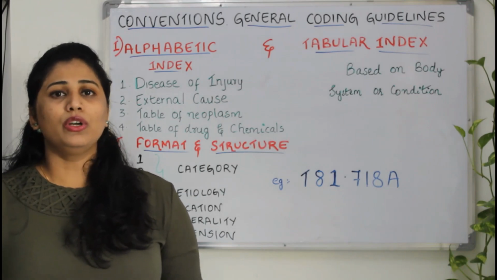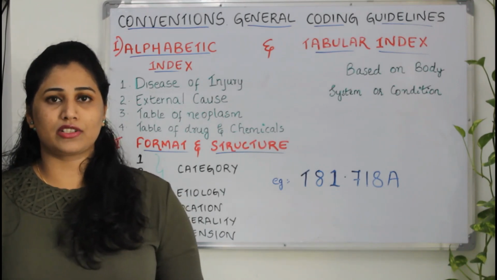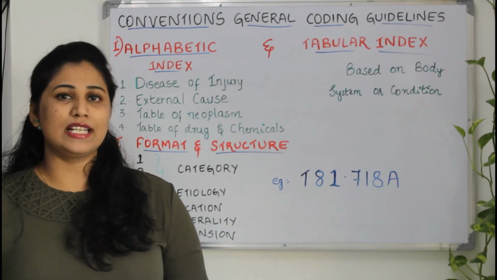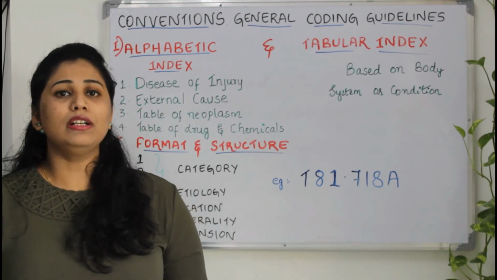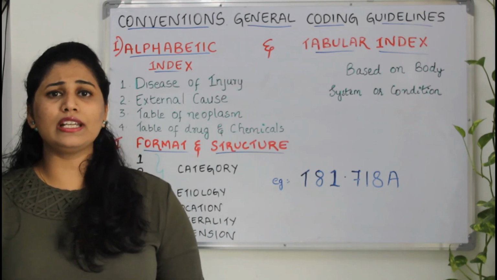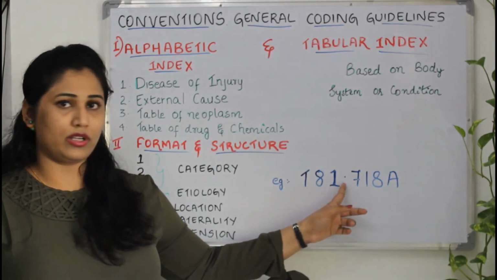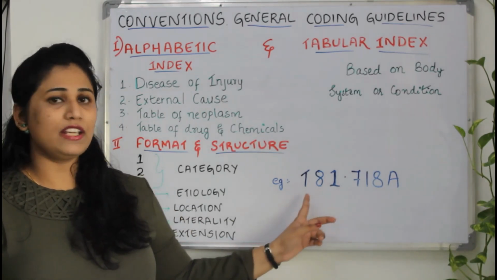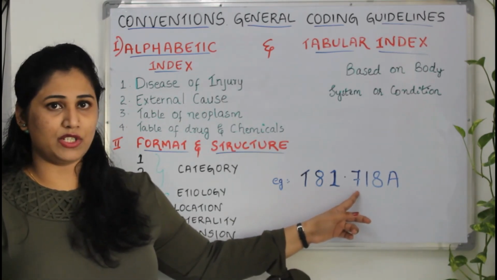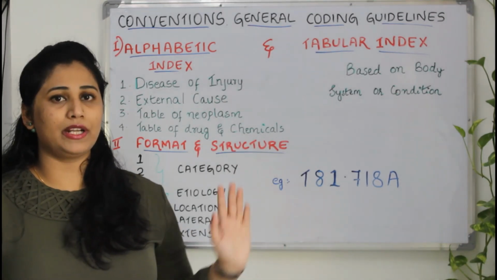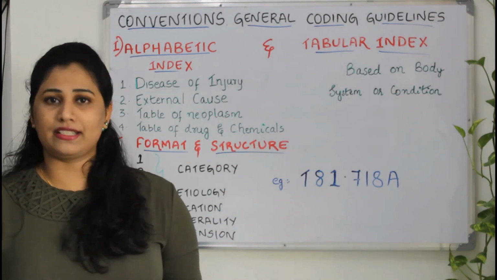Okay, so in this format and structure, the minimum code requirement is 3 and the maximum is 7. For example, if there are only 3 places, we will not put this dot. But if there are 4 characters which we need to put, in that case we'll put a dot in between to separate the category code and the extensions.